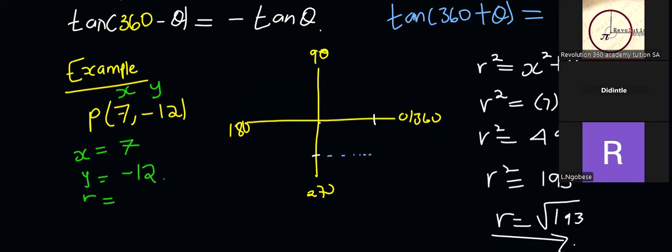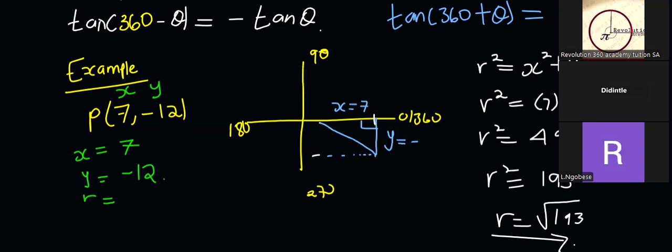So your X here is equal to 7, your Y there is equal to negative 12, and R is equal to the square root of 193.